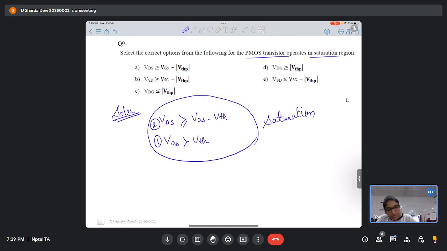Now this is for what type of MOSFET? This is actually the NMOS condition. Now you have to write the conditions for PMOS. So what are the things that will basically change for PMOS?